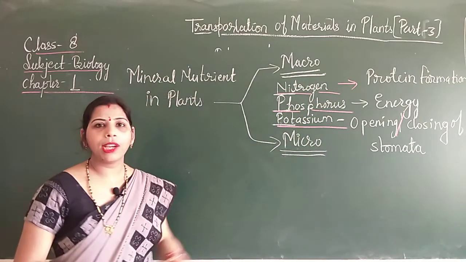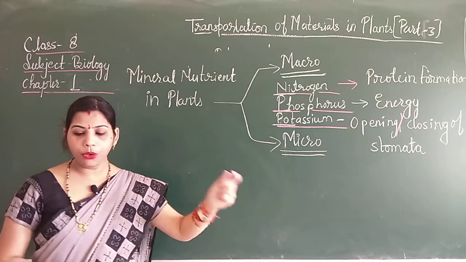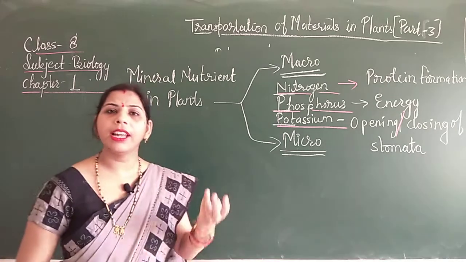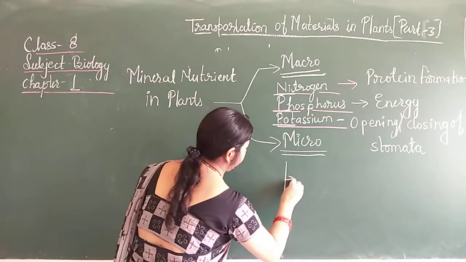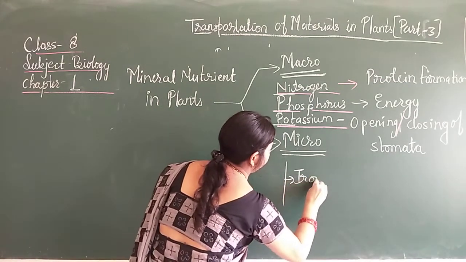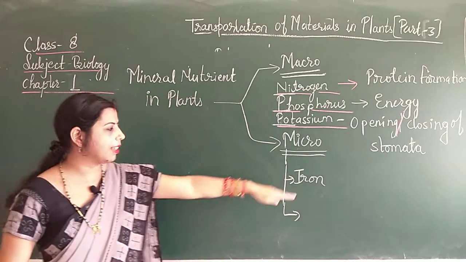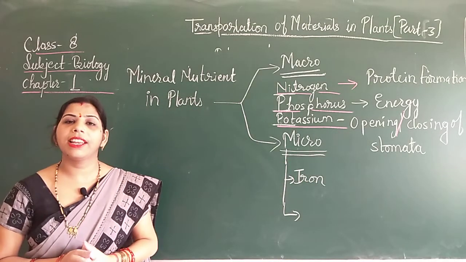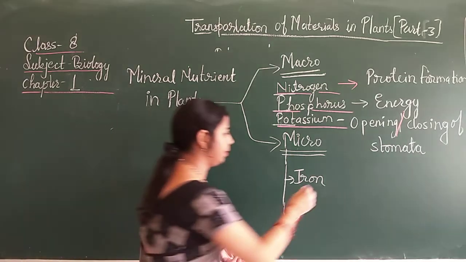Now the micronutrients, that means those required in less quantity. So the micronutrients are iron and zinc. And why is iron required? Because it helps in synthesis of chlorophyll.